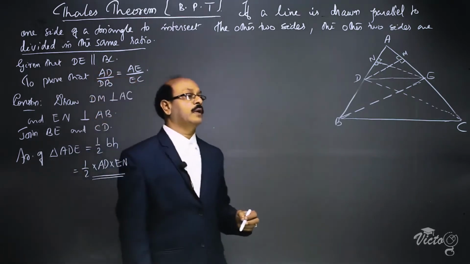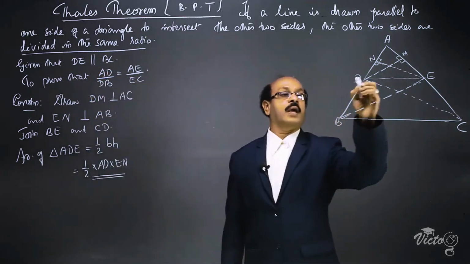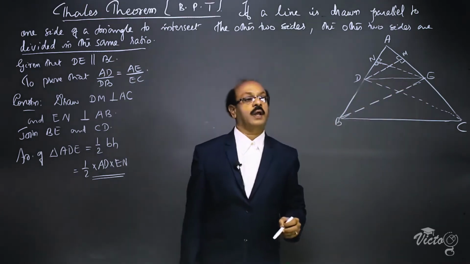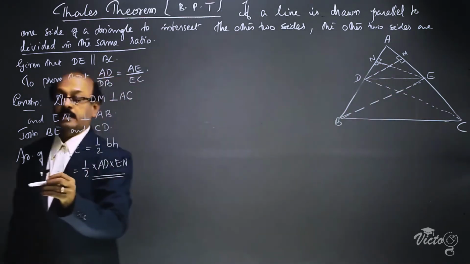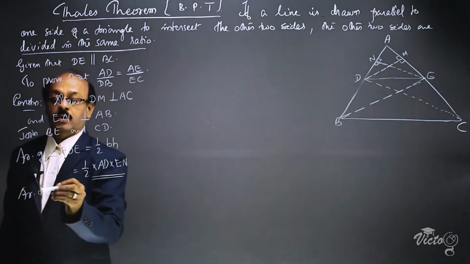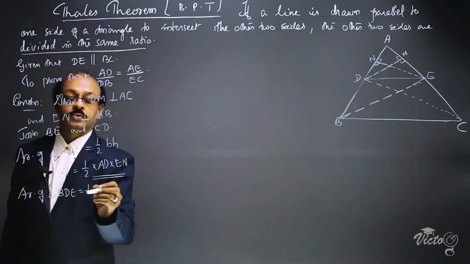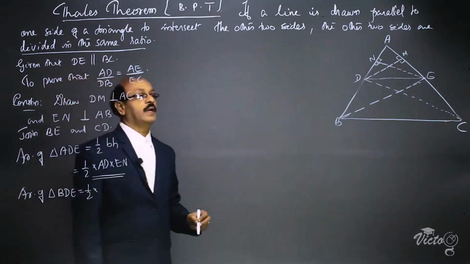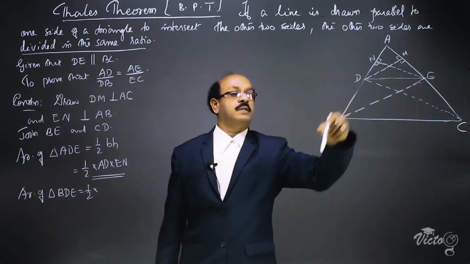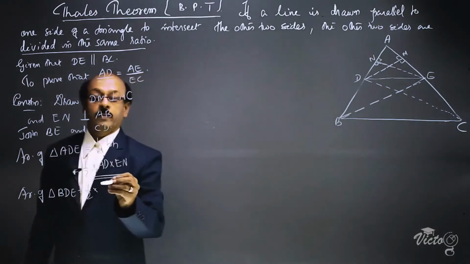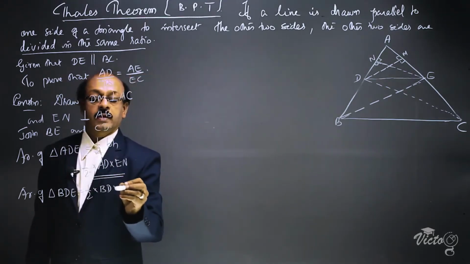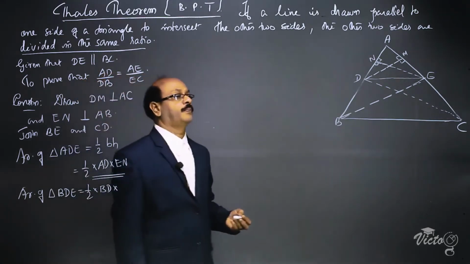Now we are going to find out the area of triangle BDE. Area of triangle BDE is equal to half into BD into, what is its altitude?